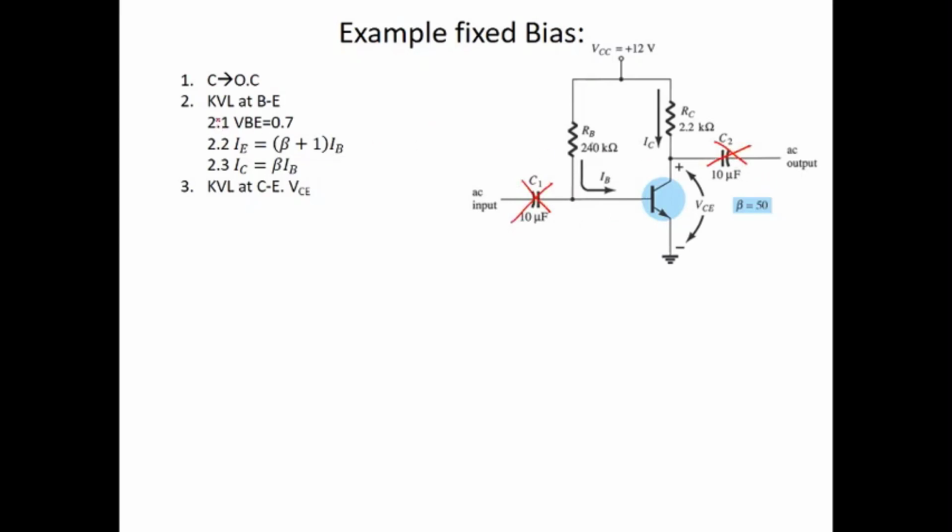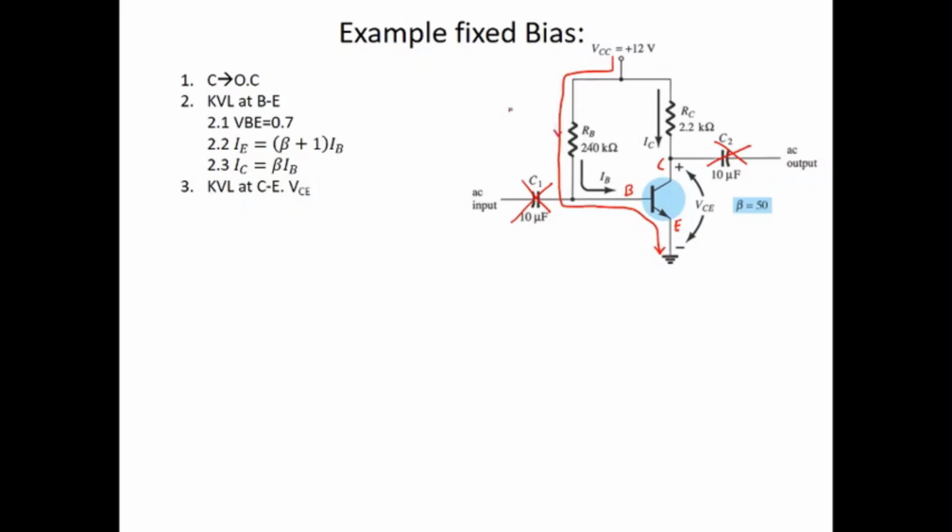The second one is KVL at the base emitter. This is base, this is emitter, and this is collector. We will do the KVL along this base emitter. So where is the current? The current flows from the DC voltage, passing through the base emitter junction until the ground.